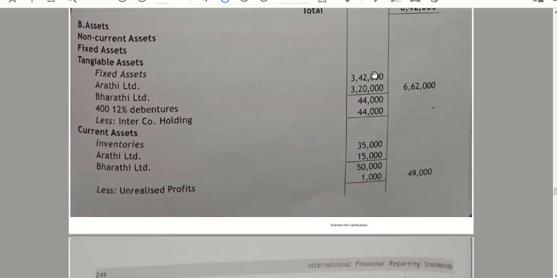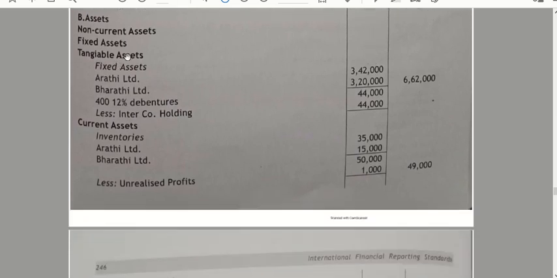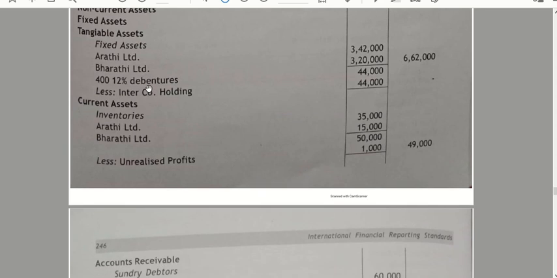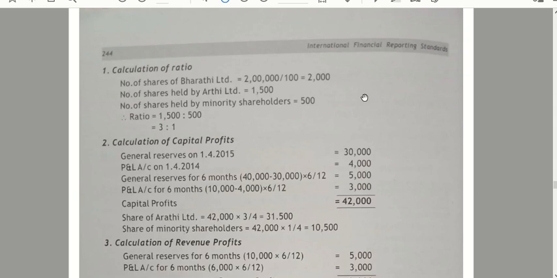Moving on to your asset side, non-current asset, under that we have fixed assets, under that we have tangible asset. Fixed assets, Aarti Limited 3,42,000, Bharati Limited is 3,20,000. 12% debentures less your intercompany holdings 44,000. If you minus it, you get a nil figure.